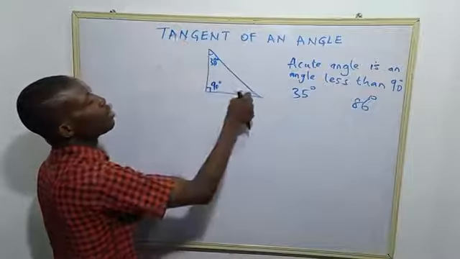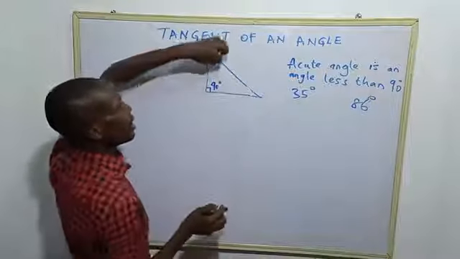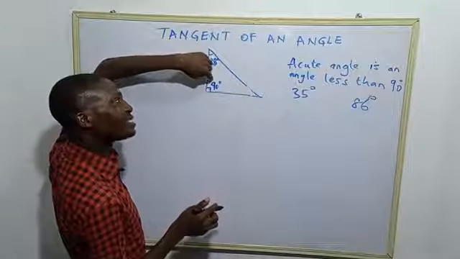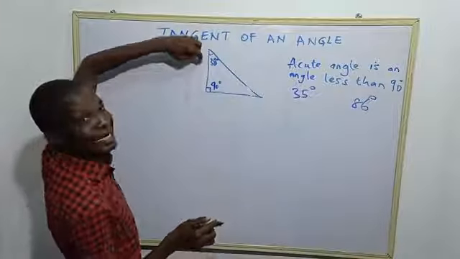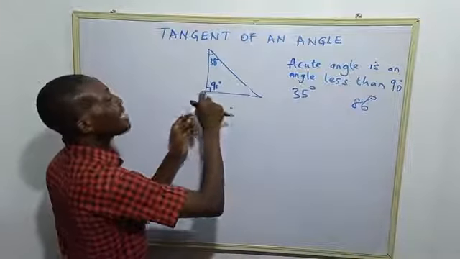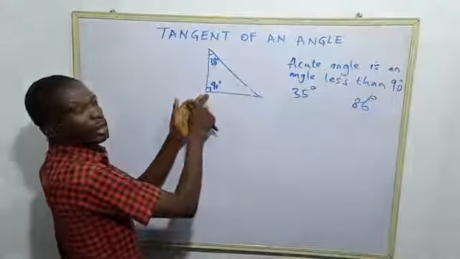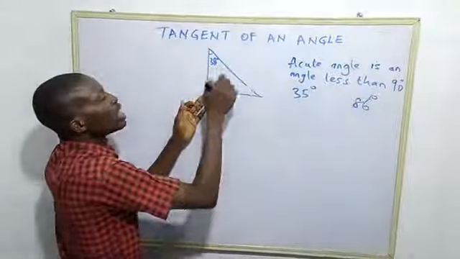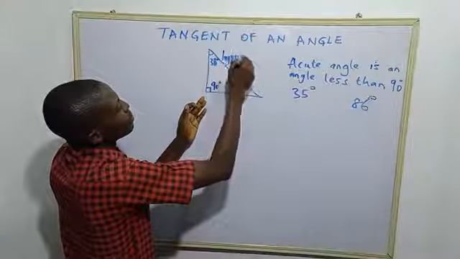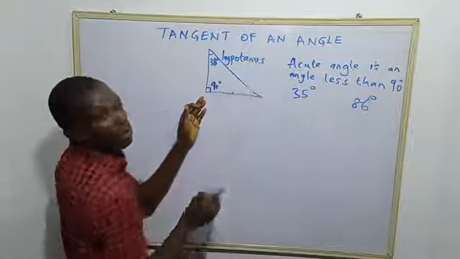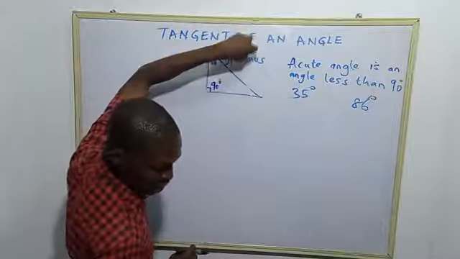In tangent, most of the time, you could be given an angle apart from 90 degree. So there is a name for each side. Any side that is facing the 90 degree, the box, that side is called the hypotenuse.